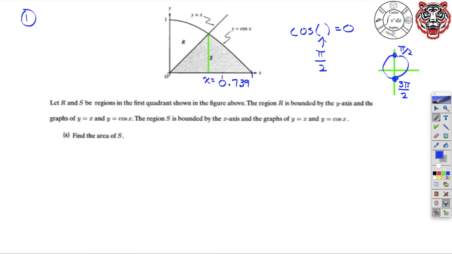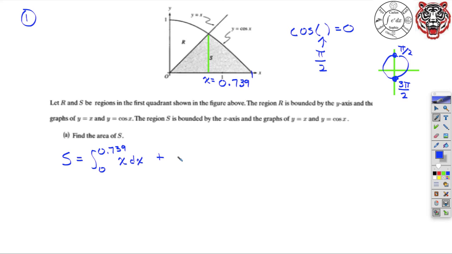Okay, now we have the x-coordinate. What do I write down here for my work now? So, s is going to be equal to the integral from 0 to 0.739 of what function? Y equals x. I'm just going to put an x here, x dx. And then I'm going to add that to which integral?